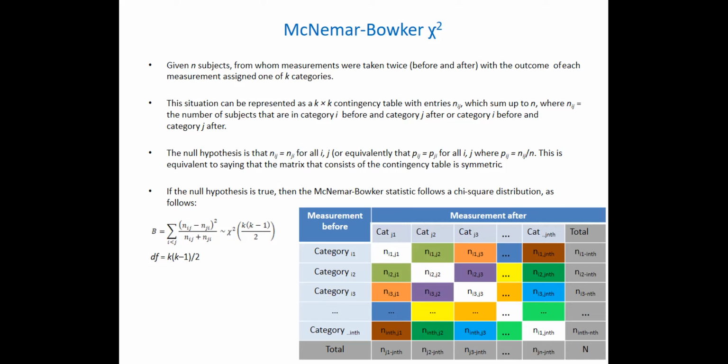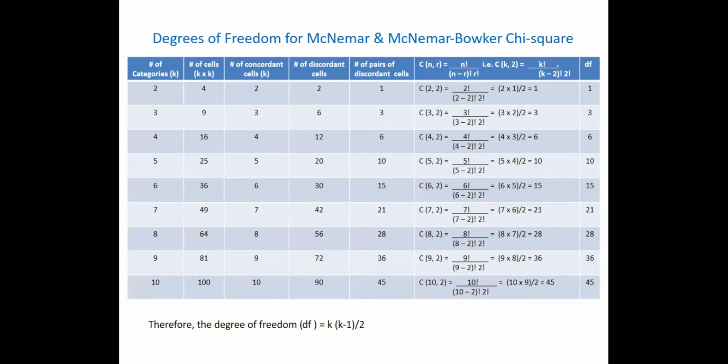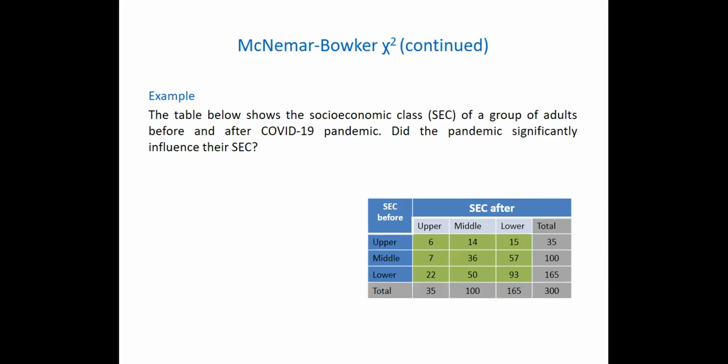So given n subjects from whom measurements were taken twice, before and after, with the outcome of each measurement assigned one of k categories. The example I have here is socioeconomic class before and after the COVID-19 pandemic.